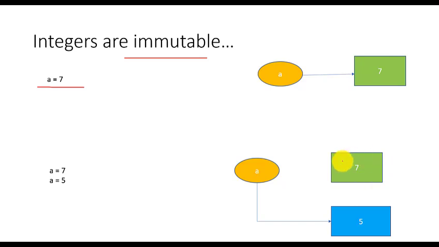Since it got freed, it became a candidate to be collected by the garbage collector. The garbage collector keeps on running in Python and it collects all the free spaces. Because this particular memory block was free, it is collected by the garbage collector.